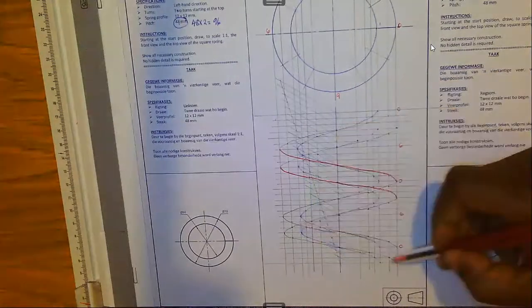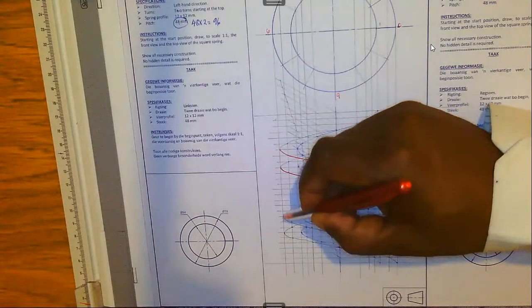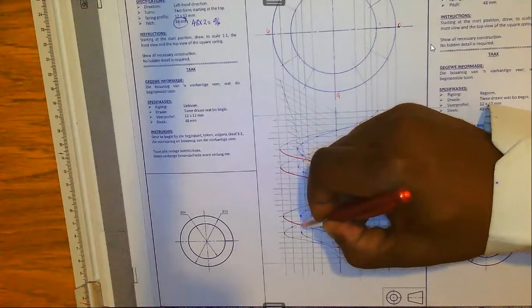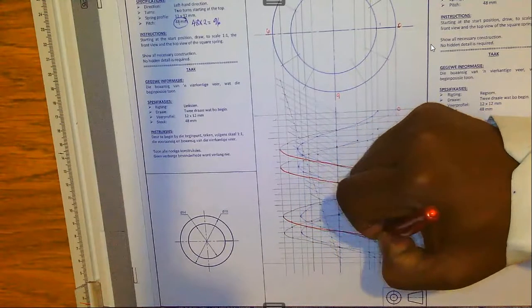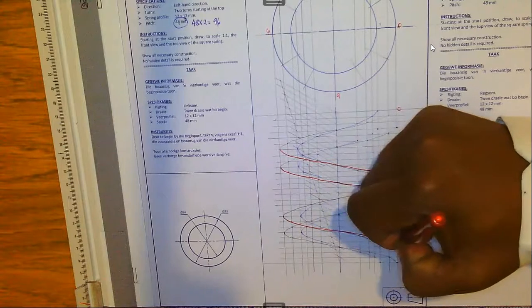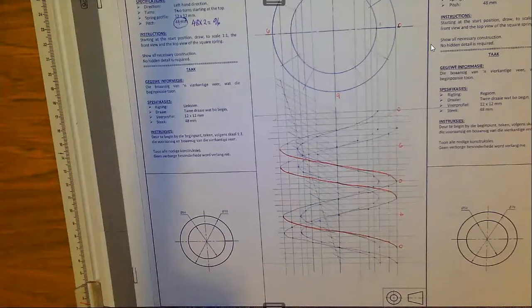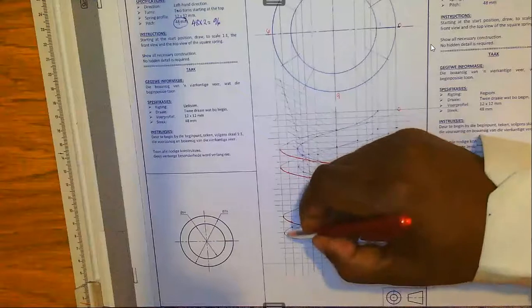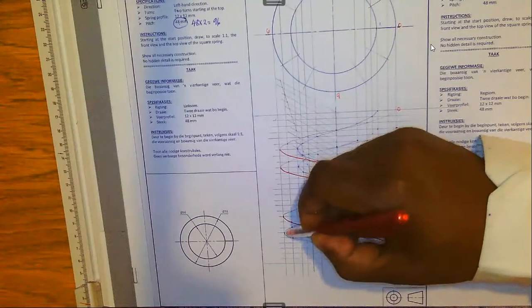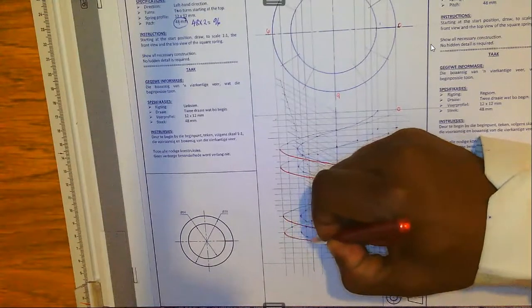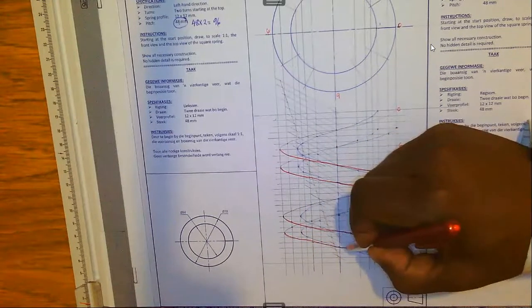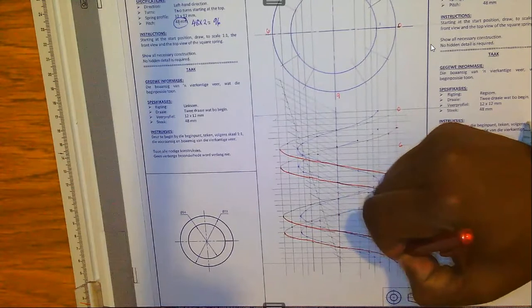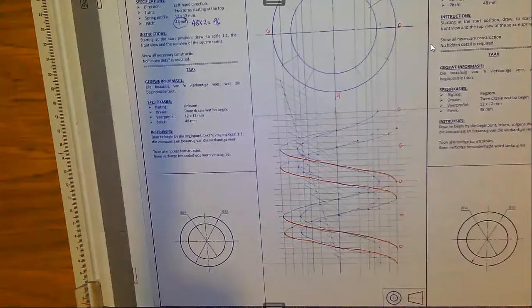Then if we also come here, there's another one. Like that. Then the next one is this one. Like that.